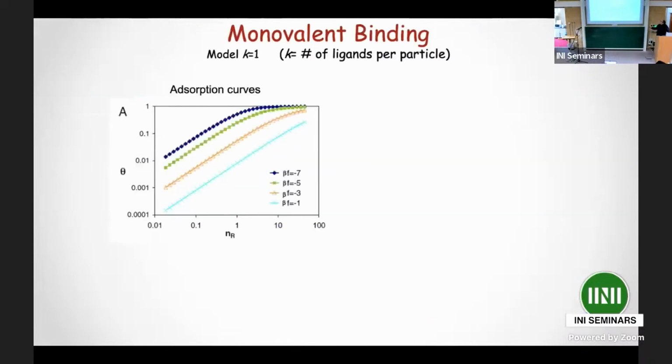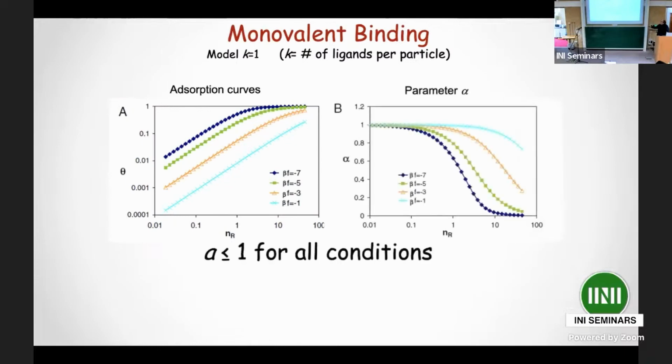First, if you take monovalent binding, so that each particle can form a single bond to the receptor, and its bond is either on or off, then you can change only the free energy of the bond. And if you go to stronger bonds, you cannot increase the selectivity.